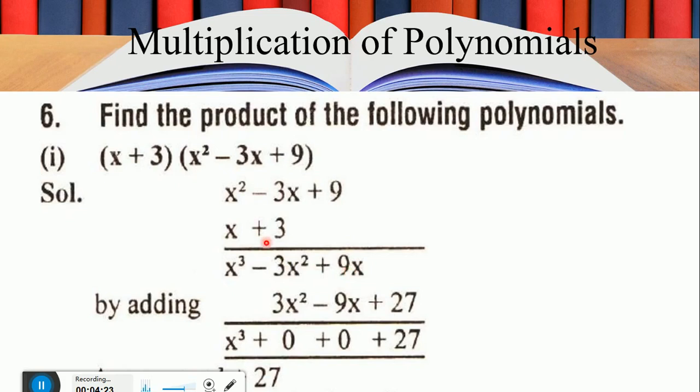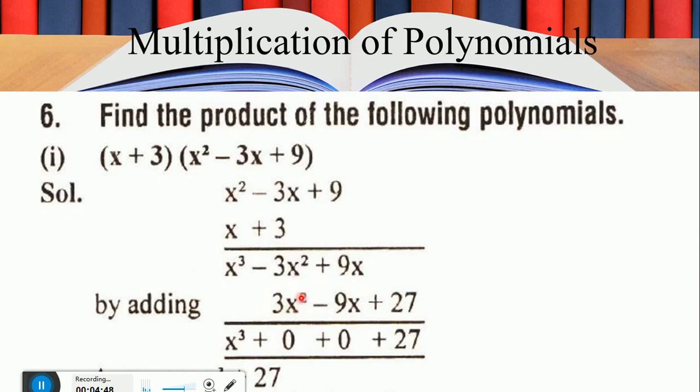Now we will multiply this second term with each term of the first polynomial. Now multiply 3 with x square, it will be 3x square. We will write the x square term exactly below the x square term.